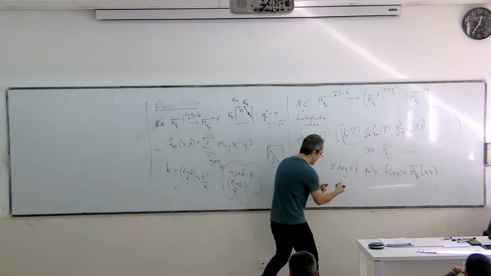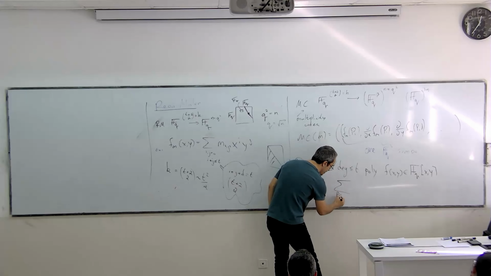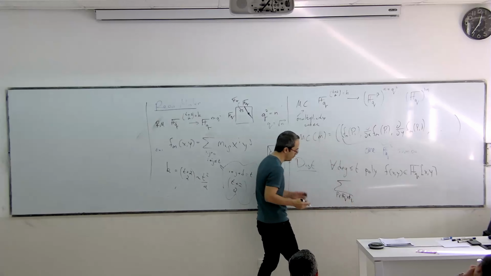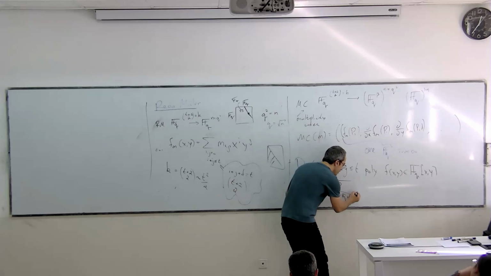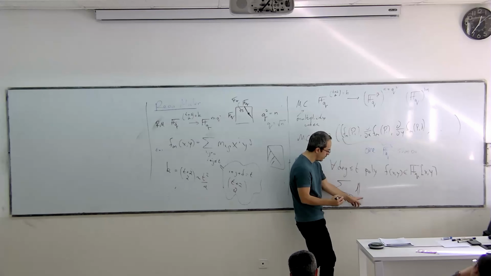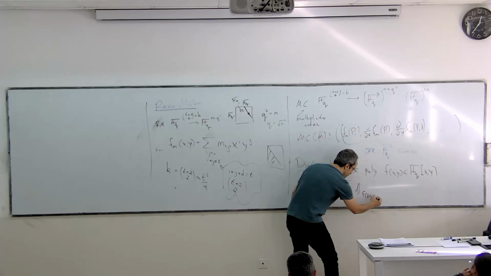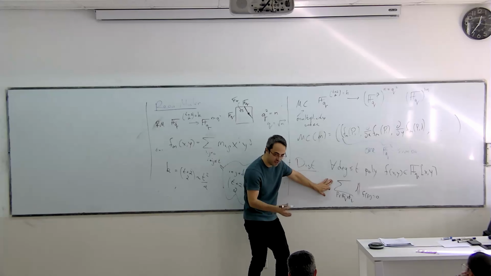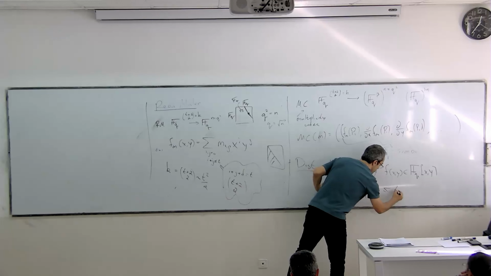But let me write it differently: let's go over all points p in F_q times F_q, and I'm going to have an indicator, a 1 or 0 depending on whether f of p is 0. This sum counts the number of zeros of f in the plane, and Schwarz-Zippel told us this is at most t times q.